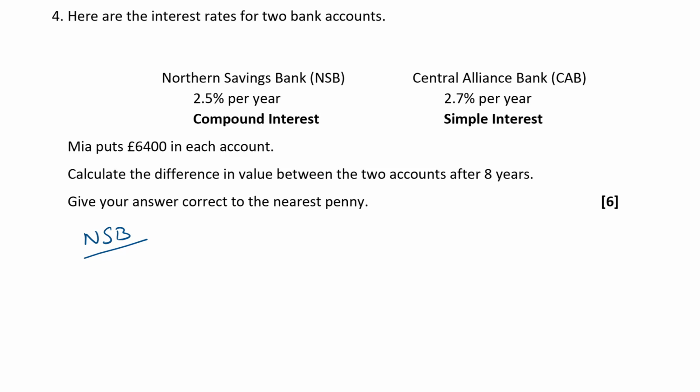So working out compound interest, the final amount is going to be the original amount times the multiplier raised to the power of the number of years. That's the formula for compound interest. So the final is what we want to find, isn't it? The original is what she put in the bank account, which is 6,400.